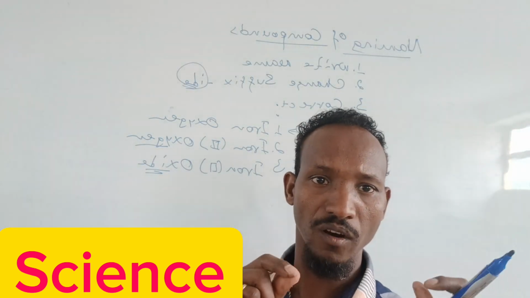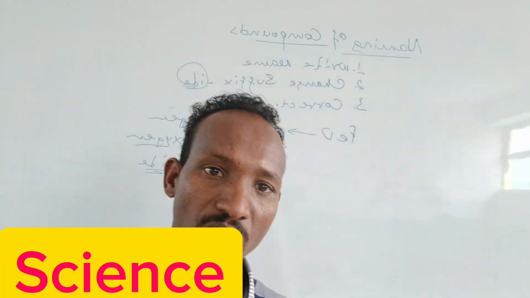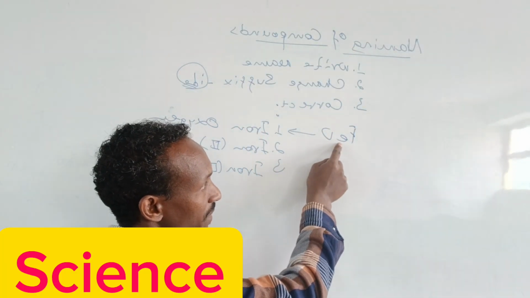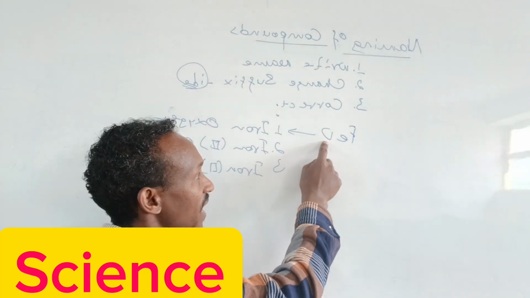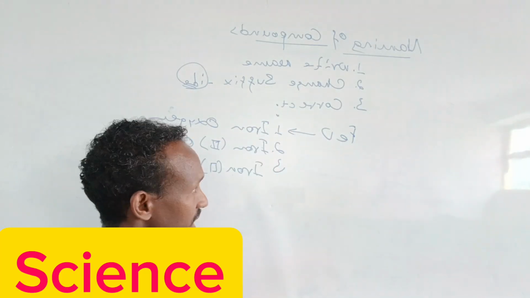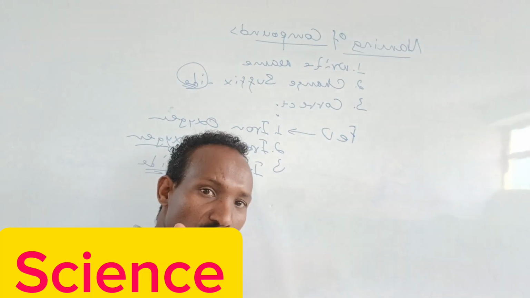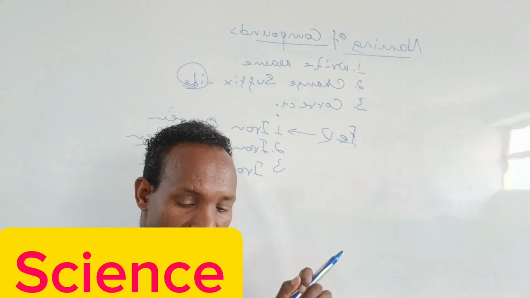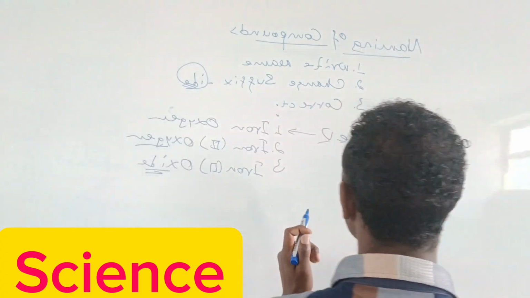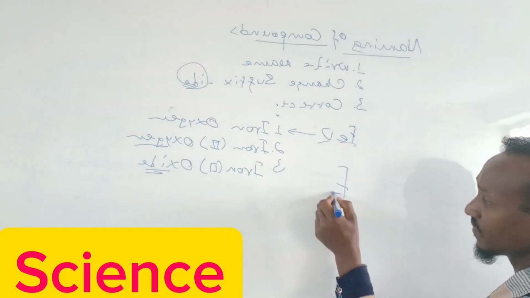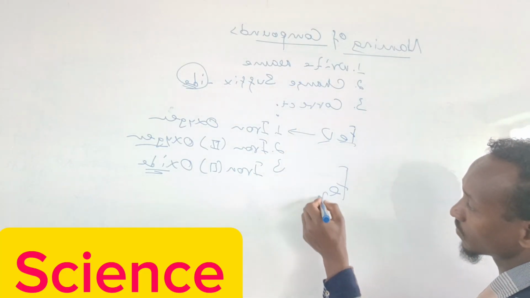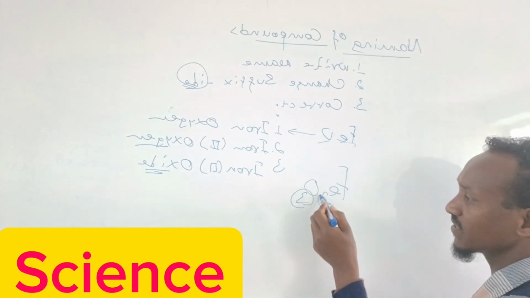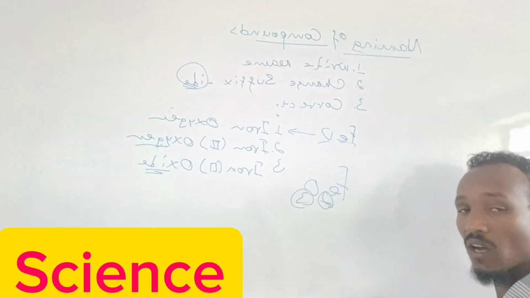So how can we know whether elements have variable valency? For example, if there is no subscript number in the compound, that means the valencies are equal and cancel each other. So we must know the valency of one element, either the metal or the non-metal. When the compound is Fe2O3, the 3 is taken as the valency of iron and the 2 is taken as the valency of oxygen.